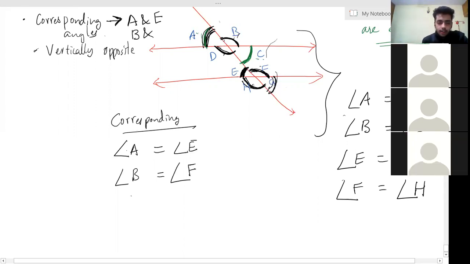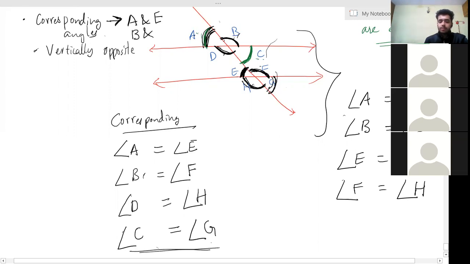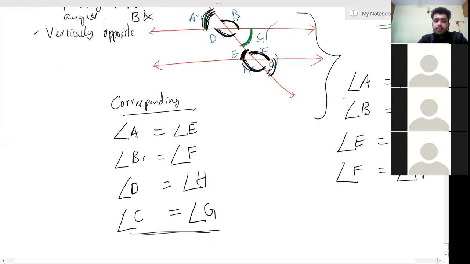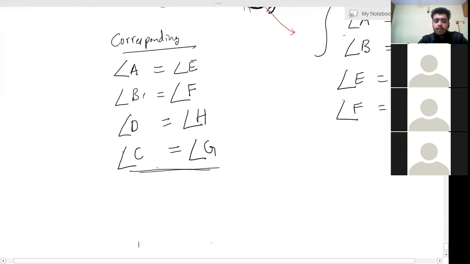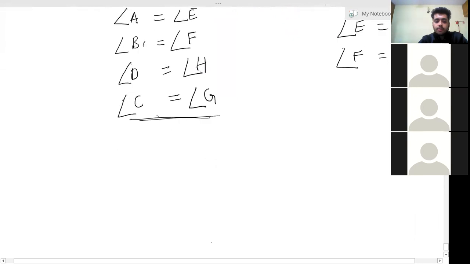Then D and angle H. Yes, angle D and angle H. Then what about angle C? Angle G. Yes, C and angle G. So these are the angles.